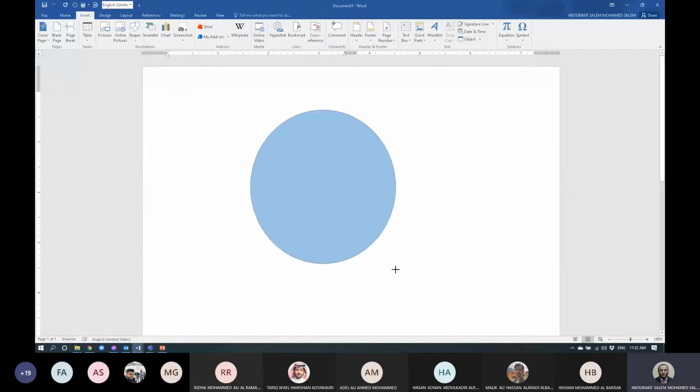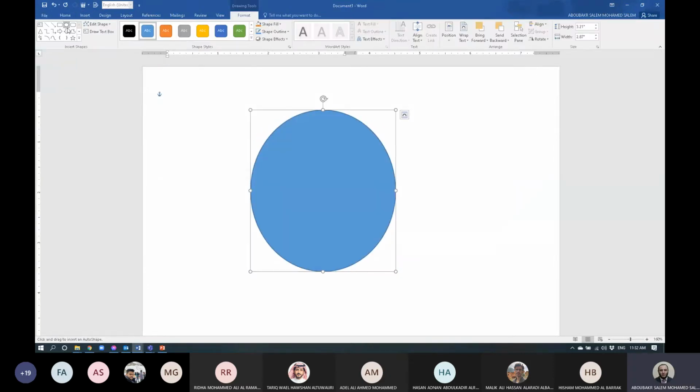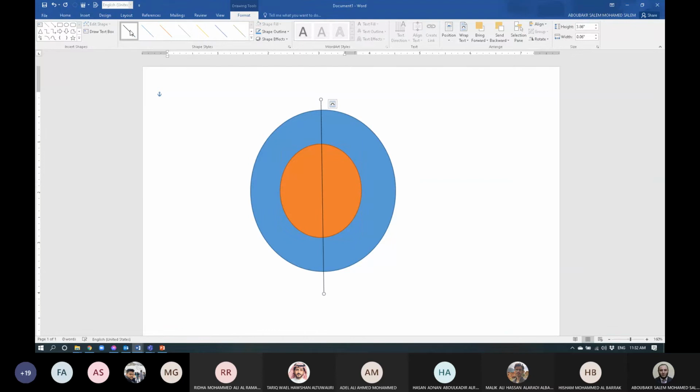طيب. Again, if we have a circle of the stator and another circle of the rotor here inside, like that, and we have this is the axis of the machine, تمام, and this is the poles here.